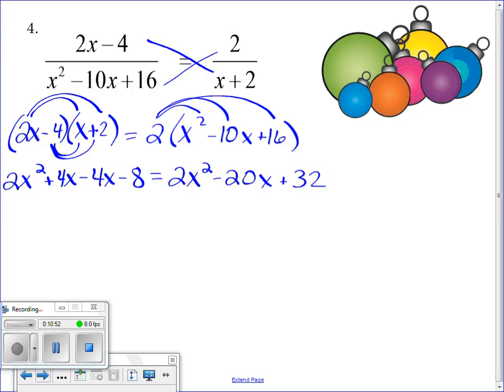We got a lot going on there. Any like terms I can kind of clean up one side or the other? Yeah, you got the x's here. Those are going to cancel out. So I have 2x squared minus 8 equals 2x squared minus 20x plus 32.